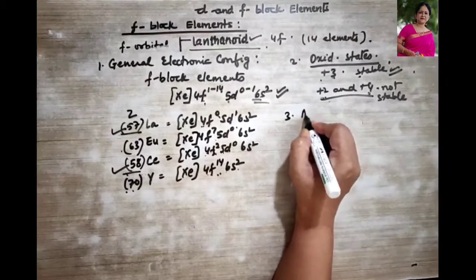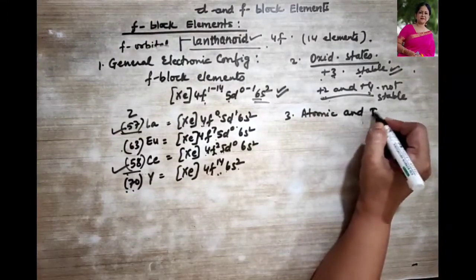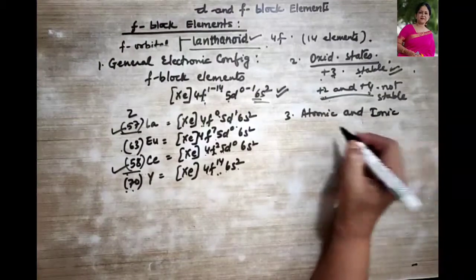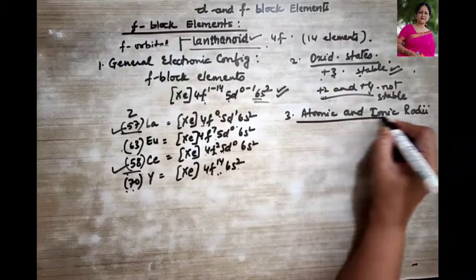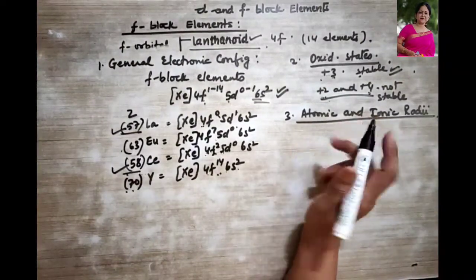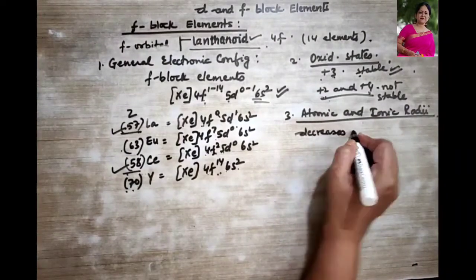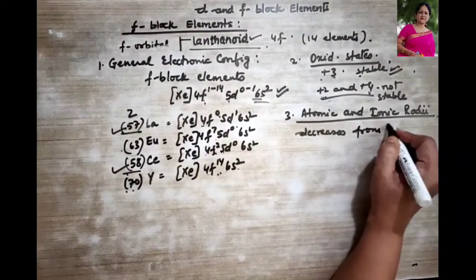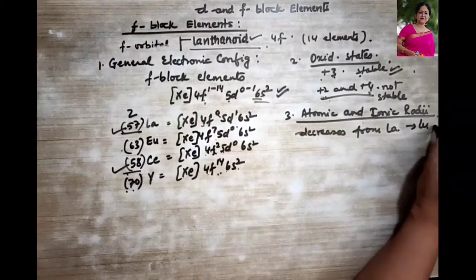The third point is atomic and ionic radii. So over here we should know that the atomic and the ionic radii decrease from lanthanum to lutetium, right?